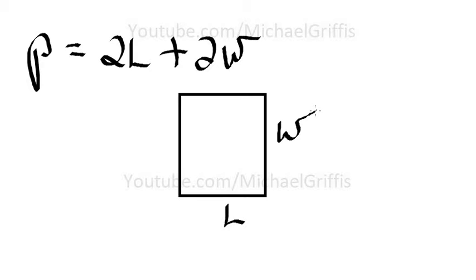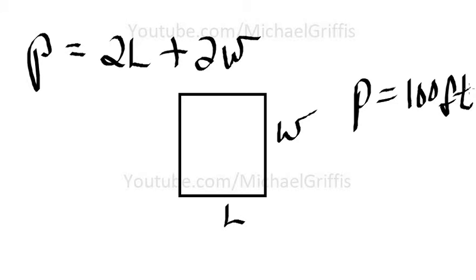So let's say that the perimeter is 100 feet. So we'll say that P is equal to 100 feet, and we'll say that L is equal to 20 feet.